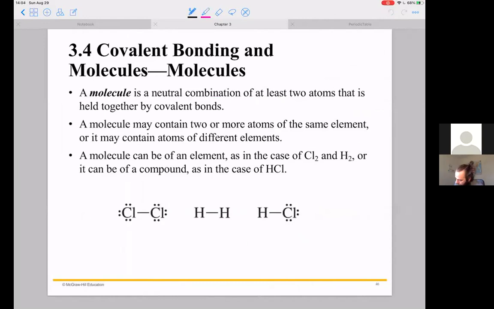And so you could have either the elements being the same, so chlorine forms a covalent bond with another chlorine atom, hydrogen forms a covalent bond with another hydrogen atom, or you could have a covalent bond formed between hydrogen and chlorine. And again, all of these represent a shared pair of electrons.